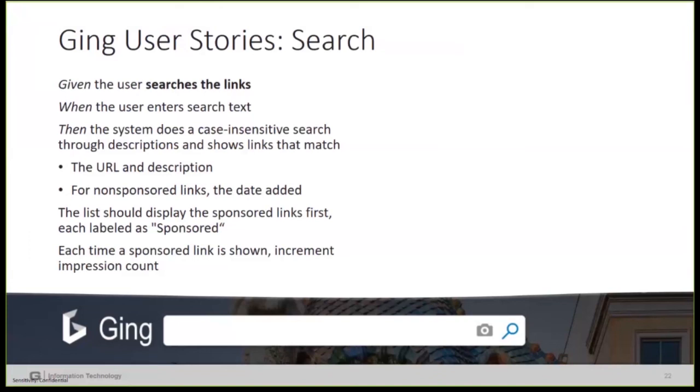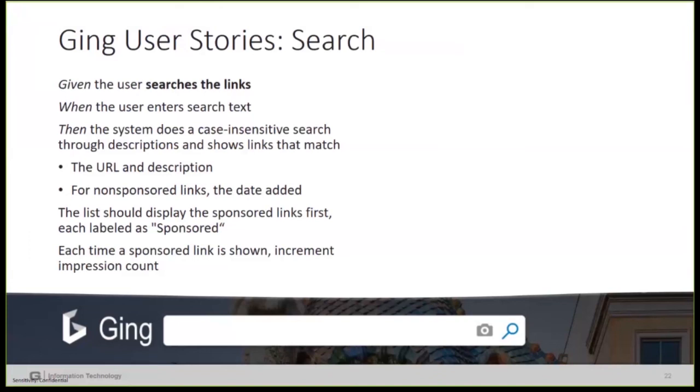So given that the user searches the links, when the user enters search text, then the system does a case-insensitive search through descriptions and shows links that match the URL or description, and for non-sponsored links, the date added. I'm sorry, it shows these things.